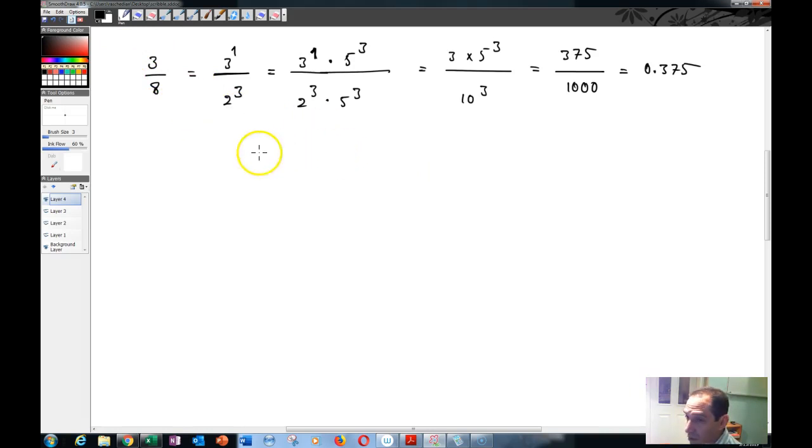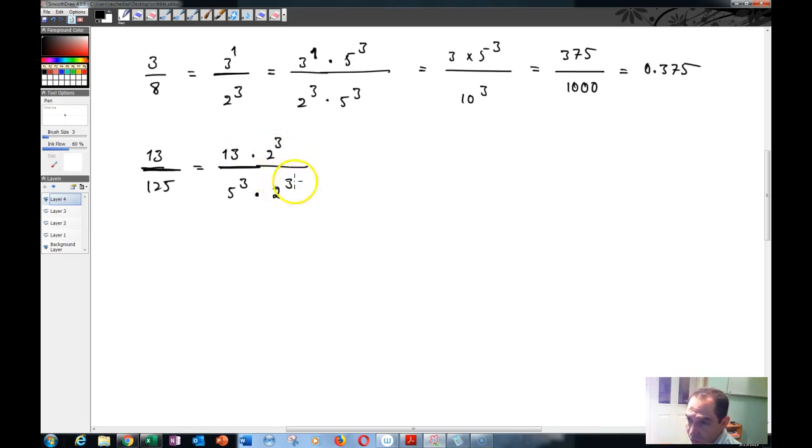Or if you have 13 over 125. So 13 over 125 is basically 13 is a prime number, but 125 is 5 raised to the power 3. Now here I have 3 factors of 5, but I have no factors of 2, but I can add them in, meaning that I can write this as 5 cube times 2 cube, and then I can write this as 2 cube.